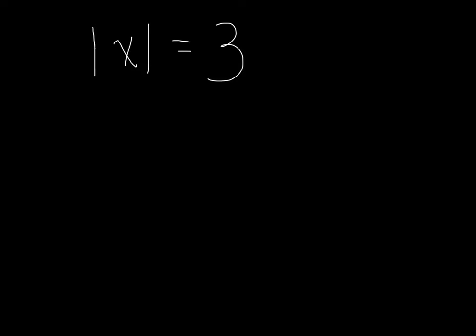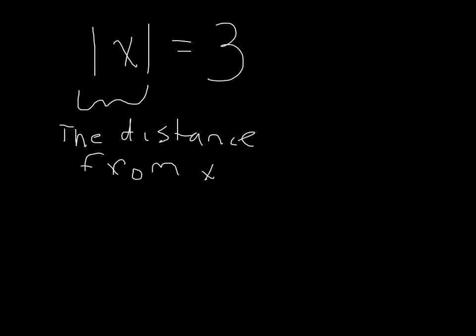That being said, now we're looking for the absolute value of x to equal 3. Now again, interpreting that absolute value piece, we're looking for the distance from x to 0 is 3.